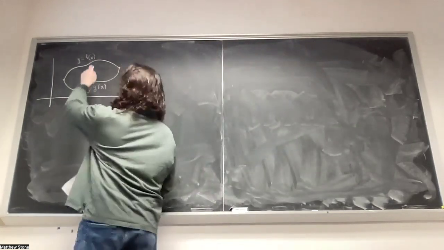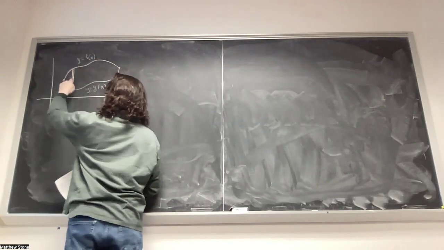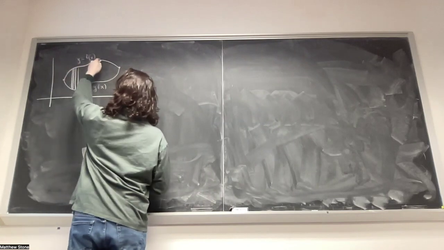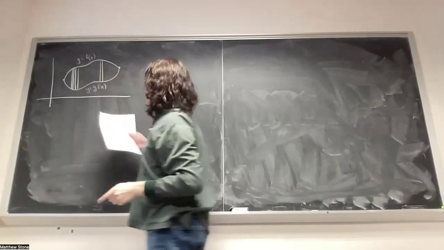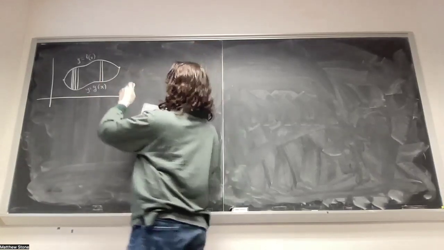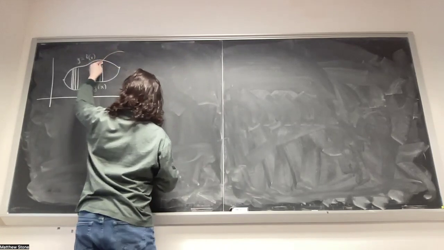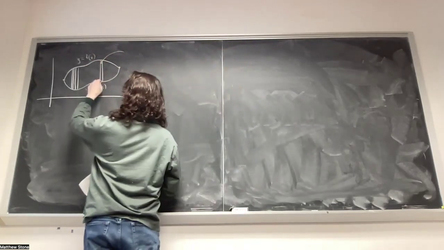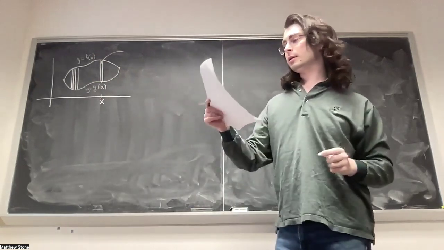The way we would do this is by breaking up the region into very thin slices. Each of these slices would have a given area, and we would add up the area of each of those slices. So this slice in particular, let's analyze it. It is at some point x on the number line.